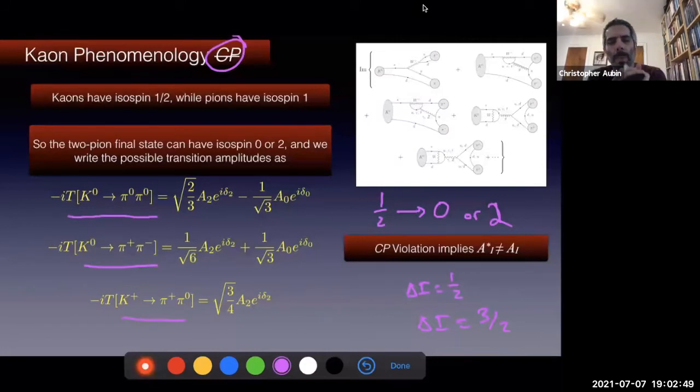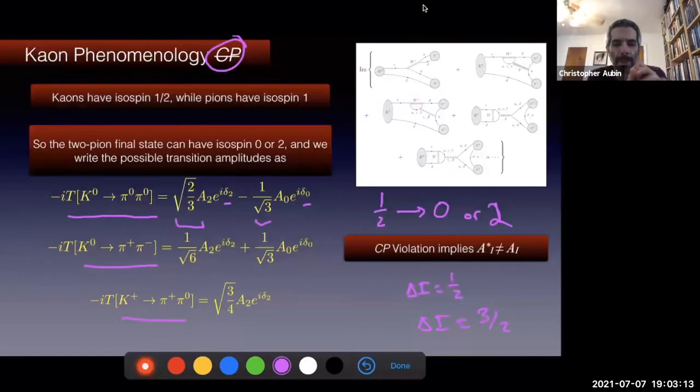Those correspond to whether you're looking at the isospin 0 or isospin 2 final channel, and then some phase factors, delta 0 and delta 2. These coefficients, 1/√3, 1/√6, square root of 2/3, are just Clebsch-Gordan coefficients that allow us to relate the different isospin channels.